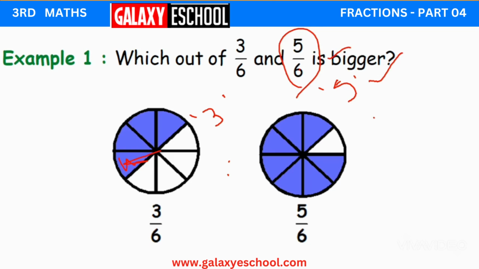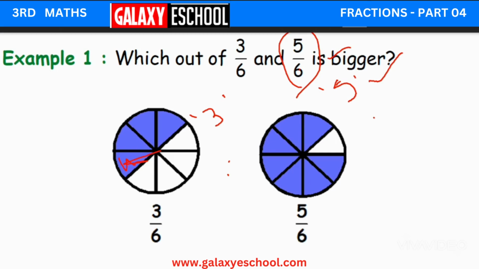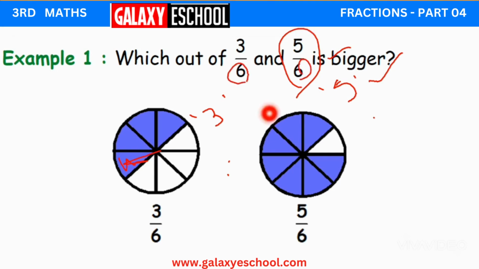Again, 3 by 6 and 5 by 6 both are our like fractions. Yes or no, children? Both have 6 as their denominators, so both are called like fractions. So how do we compare like fractions? We compare the numerators, that is 3 and 5. 5 is the bigger number.